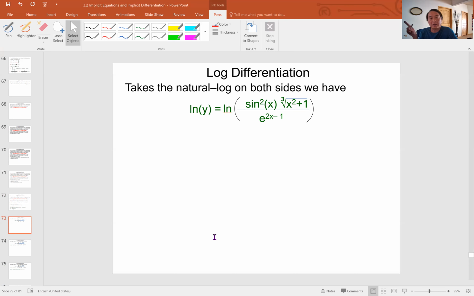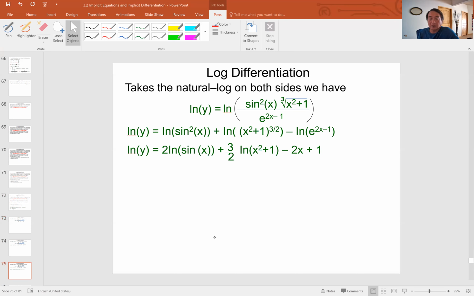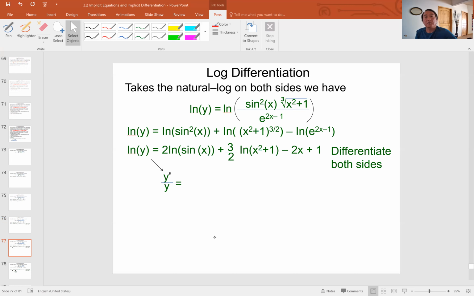Because now the other side of the log breaks apart into all these components which are easy to take derivatives of. Now I differentiate on both sides using implicit differentiation. The log of y, the derivative of that is y prime over y. And on the other side, there are pieces of log, and the derivative of each is u prime over u.